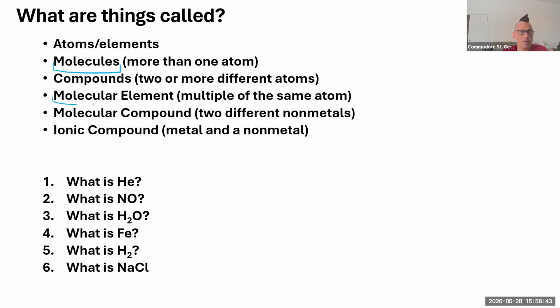Molecule, molecular, multiple of the same atom. We have molecular compounds, two or more different non-metals. Non-metals because they are covalently bonded.